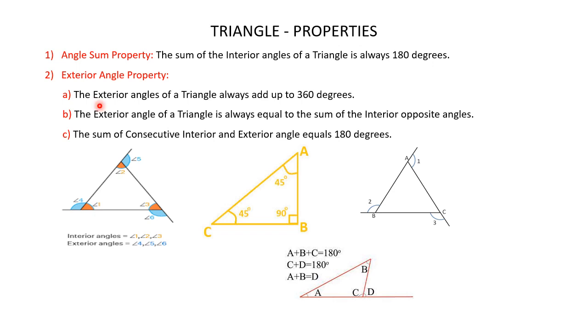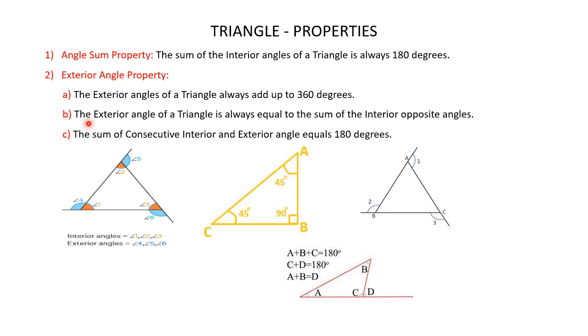The exterior angles of a triangle always add up to 360 degrees. This means angle 4 plus angle 5 plus angle 6 is always equal to 360 degrees. Remember, the sum of the interior angles is always 180 degrees and the sum of the exterior angles is always equal to 360 degrees.